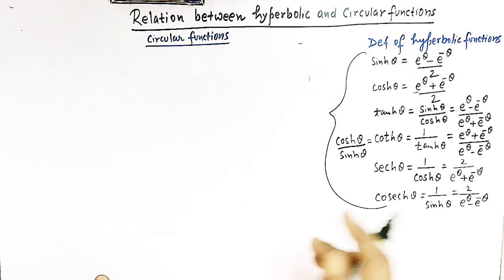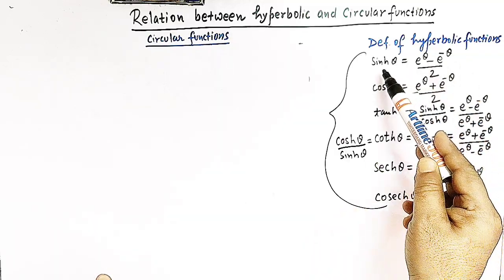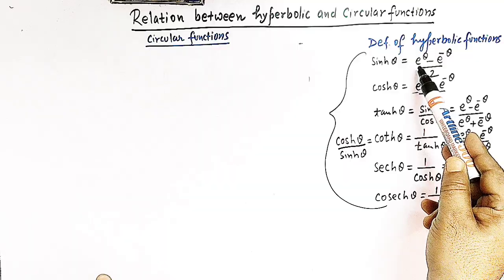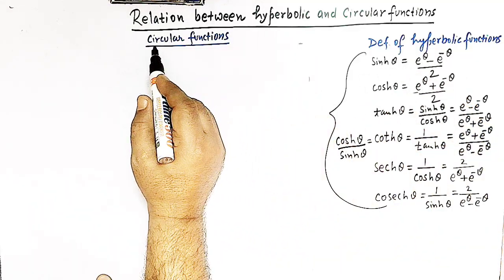So now here it is important to observe that the hyperbolic functions are defined in terms of the exponential function, right? So now let us come to the circular functions.